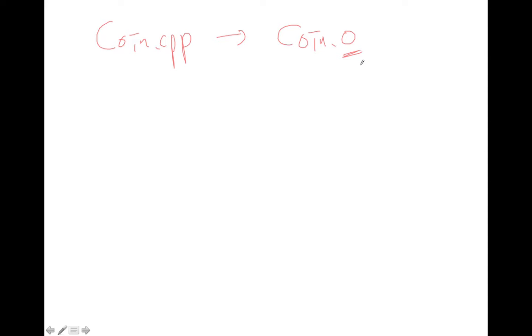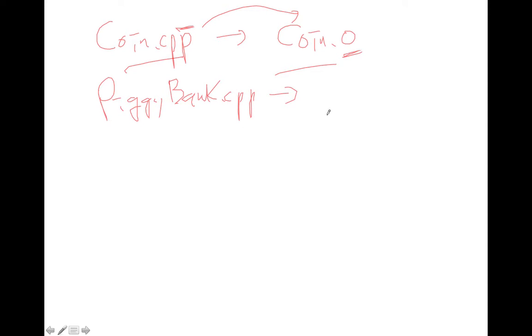That means it's not an executable code yet because it's not linked with the library, but it is translated from C++ to object code, machine language code for the CPU. Only this portion, not including any library. And similarly, piggybank.cpp alone could be translated into machine code.